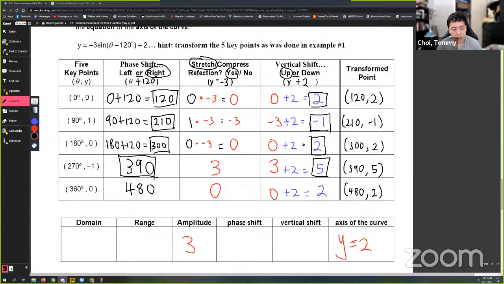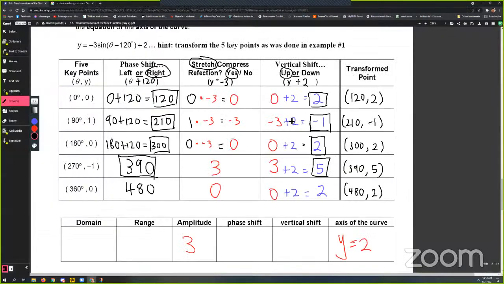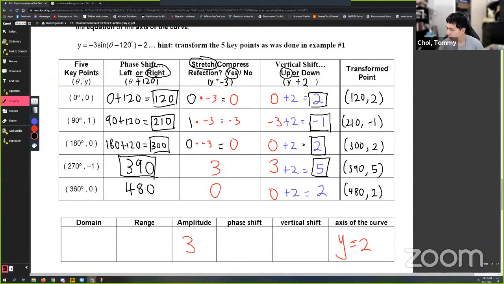Okay. Domain and range. One more time. Picking new people again. Here we go. Random number generator. Number 12. Jozu. Domain, please.